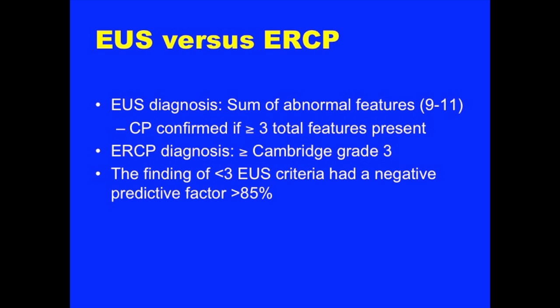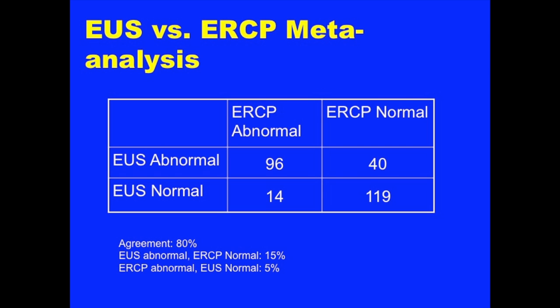But basically, the data suggests that chronic pancreatitis is confirmed if you have usually greater than 5 criteria, but greater than 3 corresponds with a Cambridge grade 3. The finding of less than 3 EUS criteria has a negative predictive value in those studies of better than 85%.